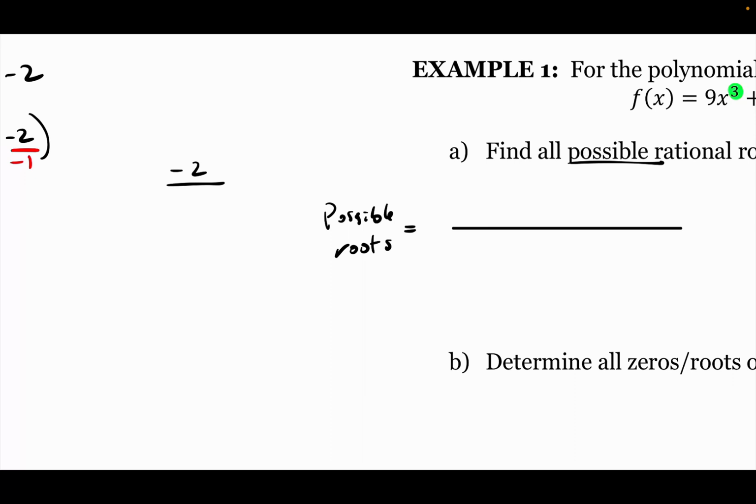What are the numbers that when we multiply make negative 2? Negative 2, positive 1. There's one other group. What other 2 numbers multiply to be negative 2? There you go, right? Positive 2, negative 1, right?